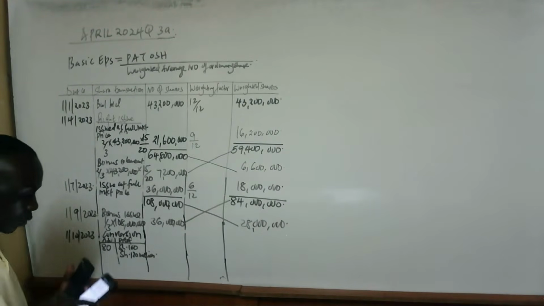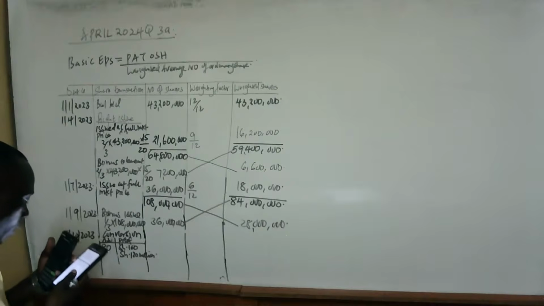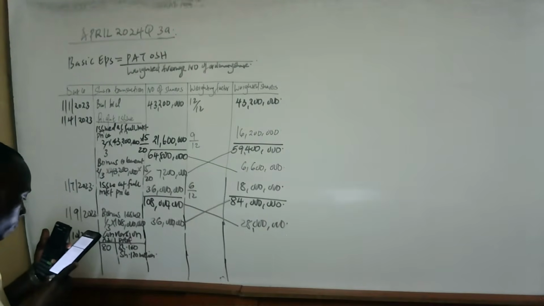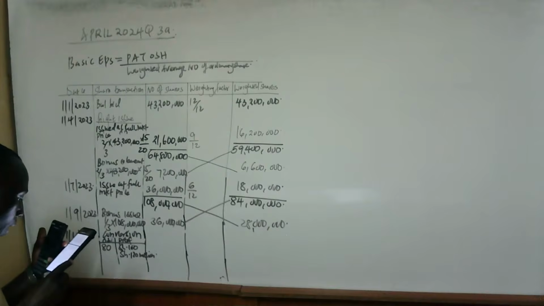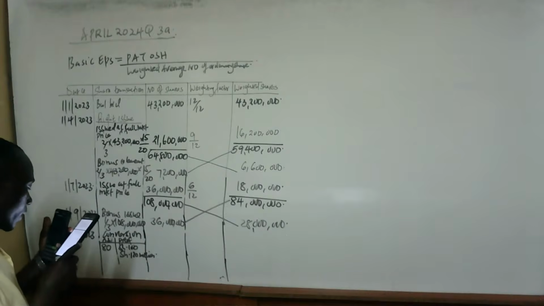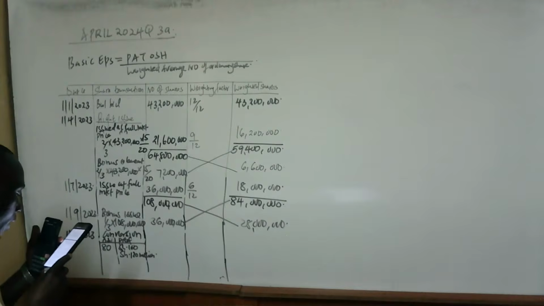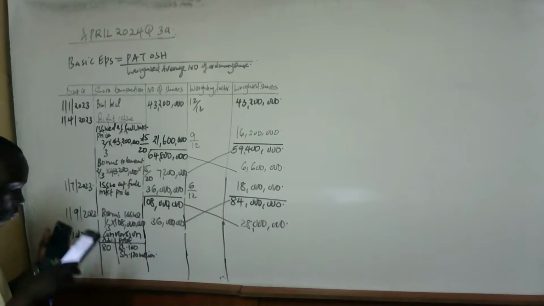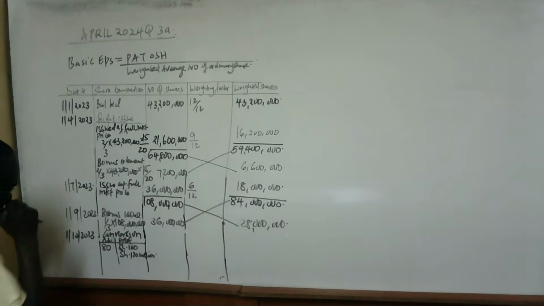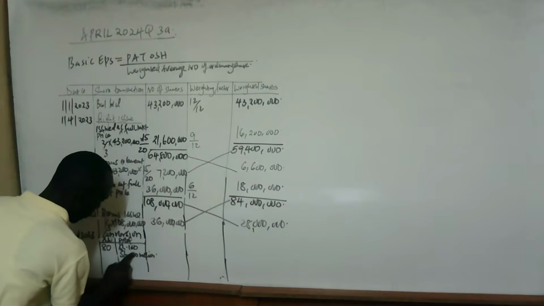Because this is what the examiner has told us, that we are told that the preference shares are convertible into ordinary shares on the basis of 80 ordinary shares for each shillings 100 of the preference share capital. Sorry, they were 80, not 100.